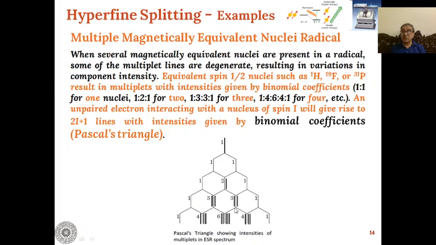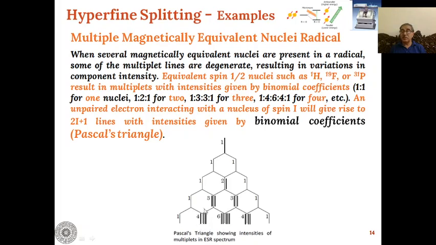If we have two magnetically equivalent nuclei, then this ratio will be 1:2:1. If there are 3 magnetically equivalent nuclei in the radical, then the intensity of the signal will be 1:3:3:1. If we have 4, 1:4:6:4:1.